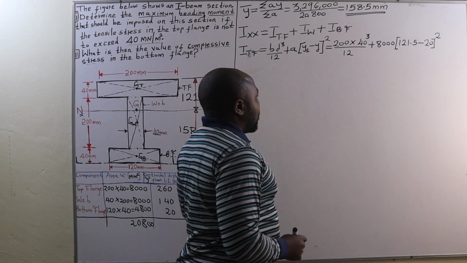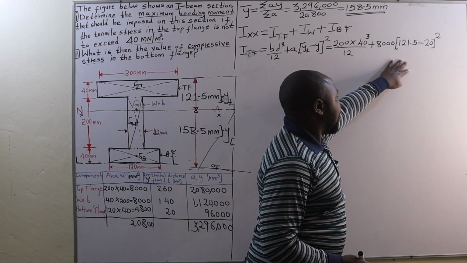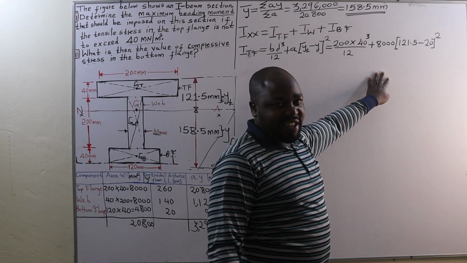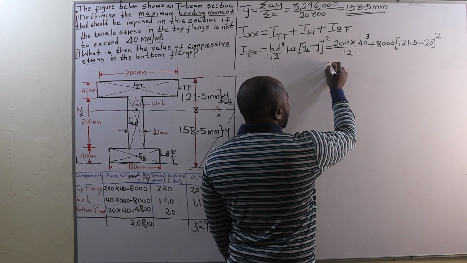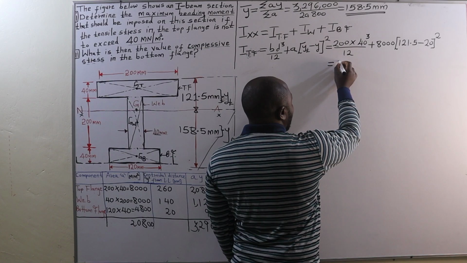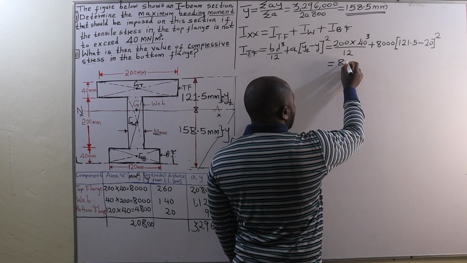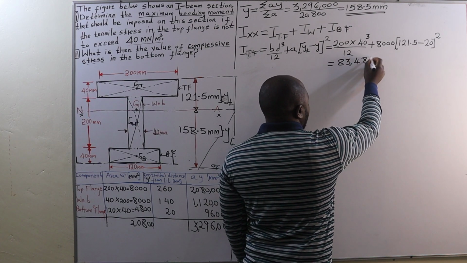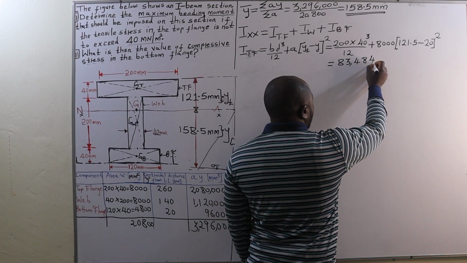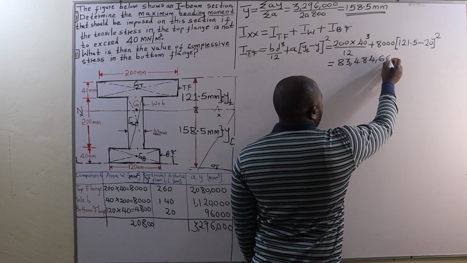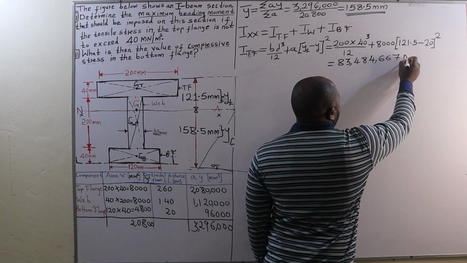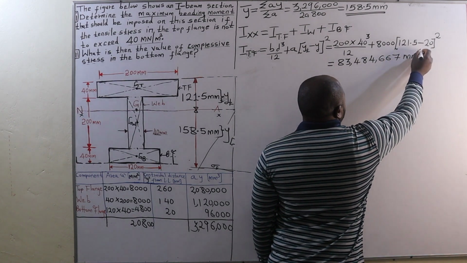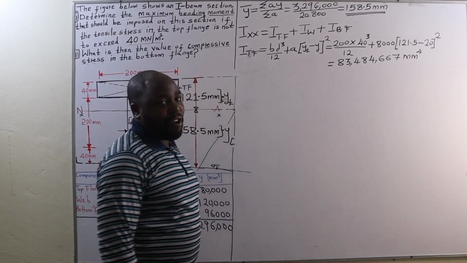Now, when we carry out that calculation, we are going to have the moment of inertia of the top flange being 83,484,667 millimeters raised to the power of 4.